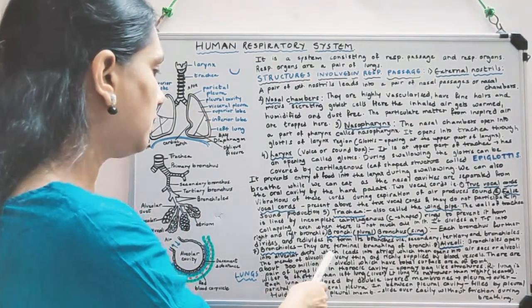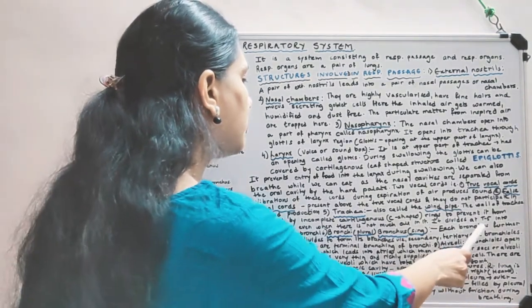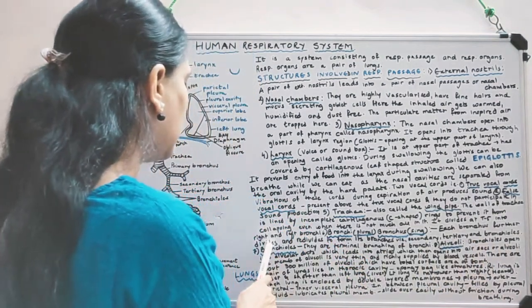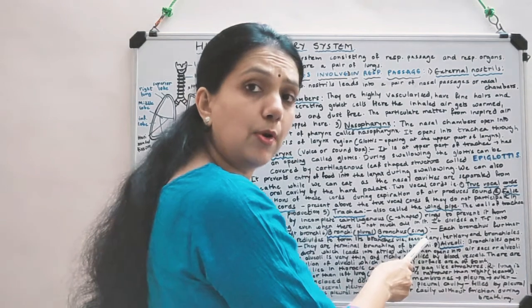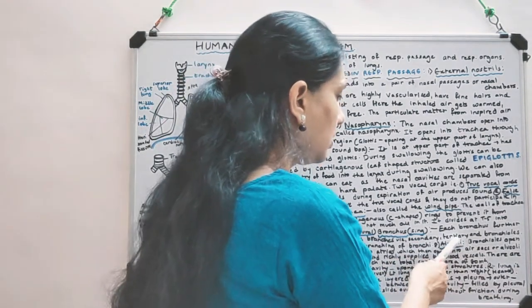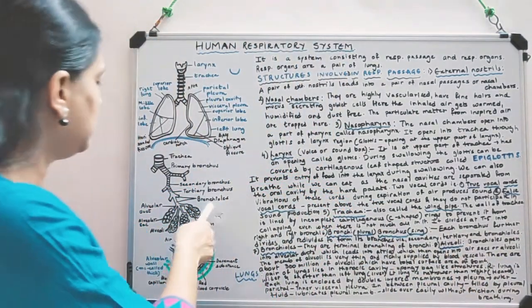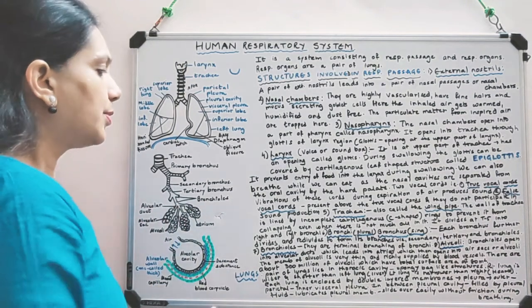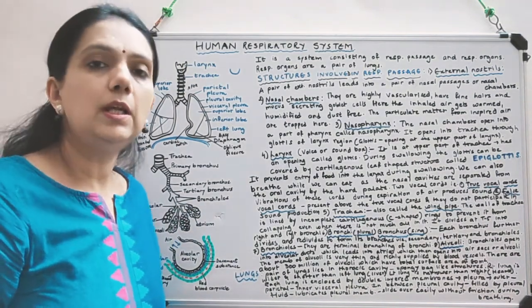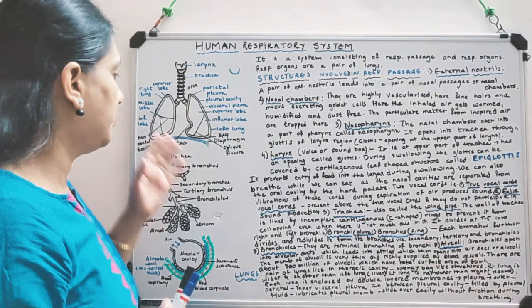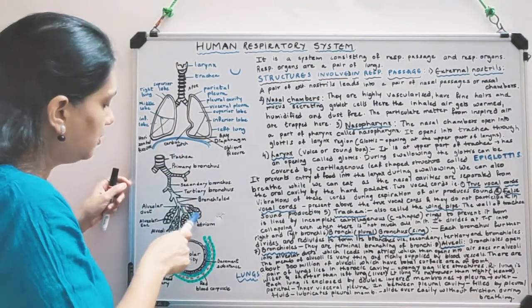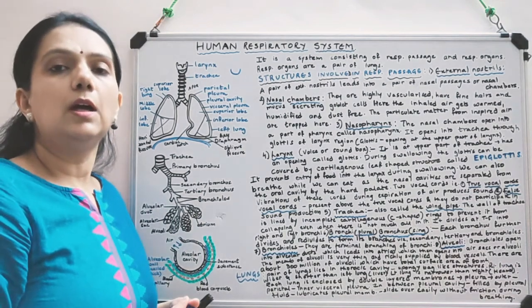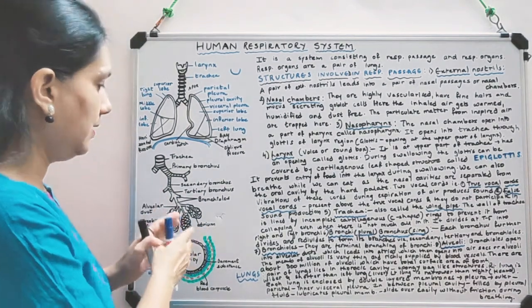So here you can read each bronchus further divides and redivides to form its branches such as secondary bronchus, tertiary bronchus and bronchioles. You can see bronchioles over here. Bronchioles are terminal branching of the bronchi. So it starts from here, the terminal part. Those are the bronchioles at the end.